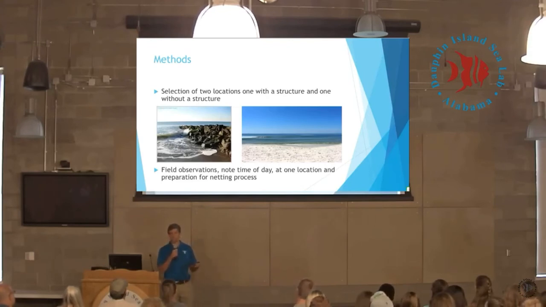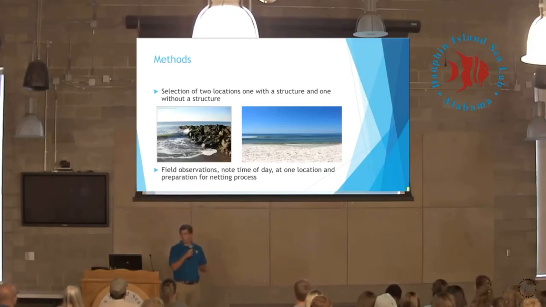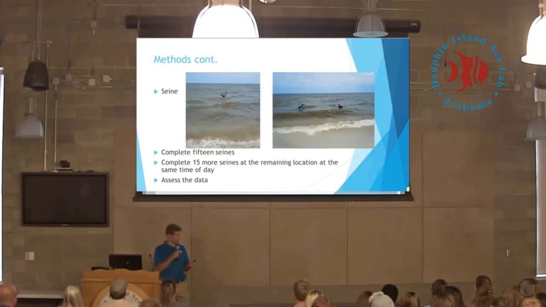To begin, I chose a location, made field observations, noted the time of day, and then began preliminary processes, which included taking a transect line out 25 meters so that I marked a distance and kept that distance the entire time. Then I completed 15 seines, which some people have already presented. A seine is essentially 2 wooden posts with a net that runs in between them, with weights on the bottom and floats on the top.